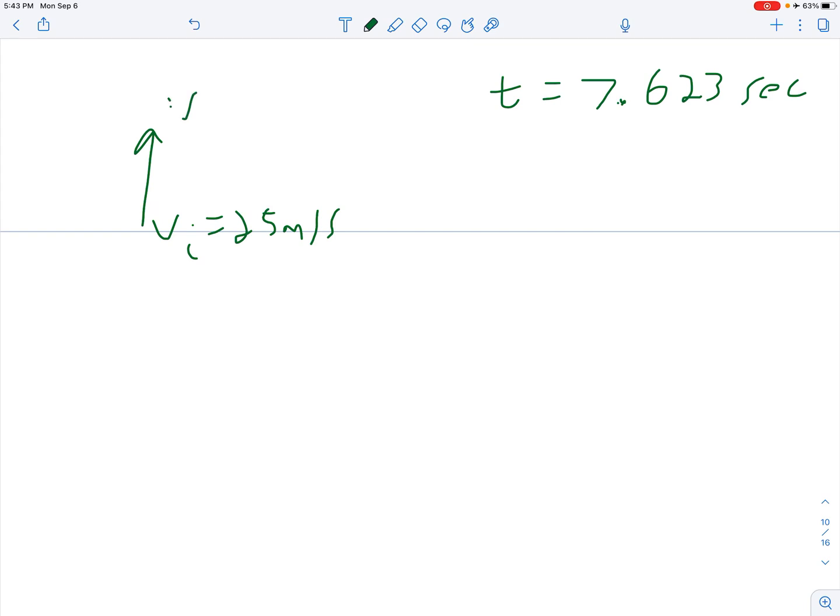When it gets to the top, I know my velocity is 0, and I want to find this distance. So I'm going to use this one again.